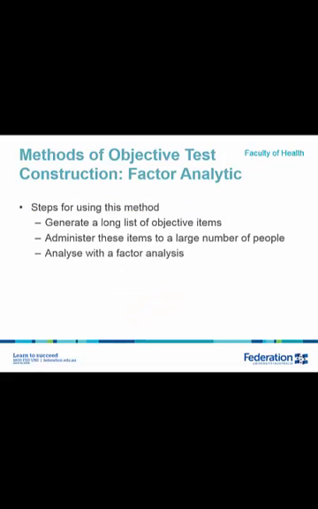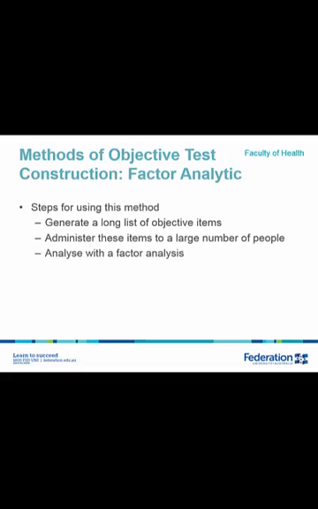So if we go back to the steps for using the factor analytic method, we've generated our long list of objective terms. Now we administer these items to a large pool of people. We use our statistical analysis to help us decide how many factors and which items load on what factor.